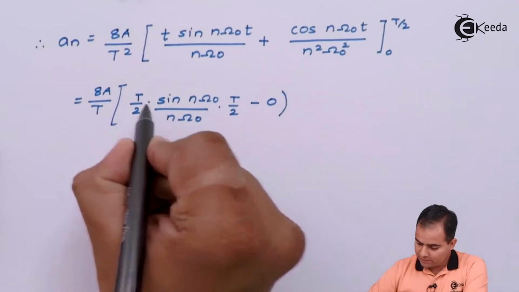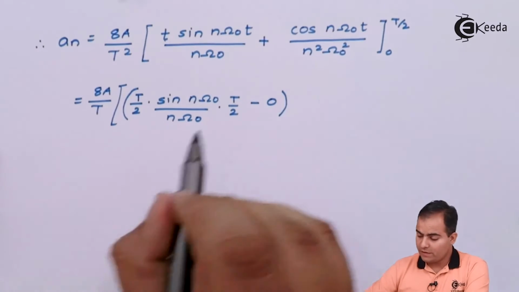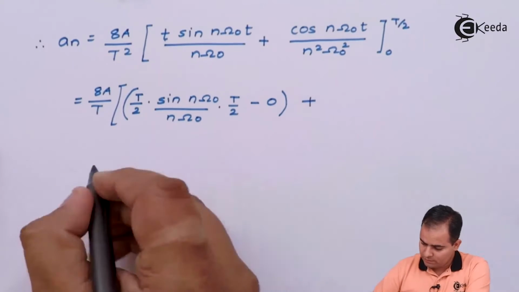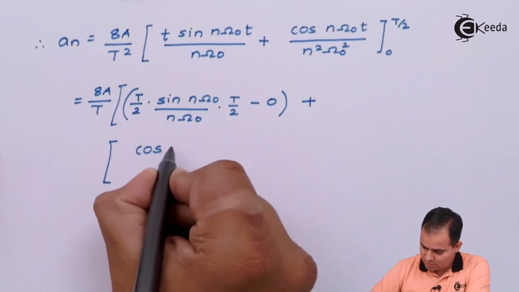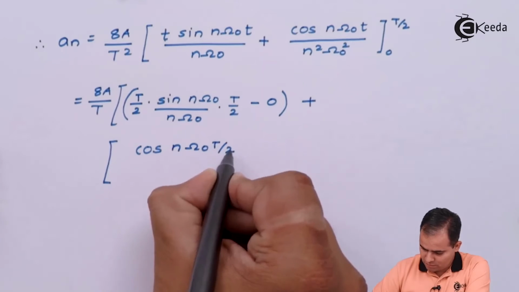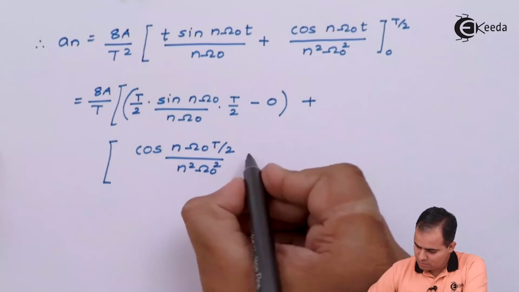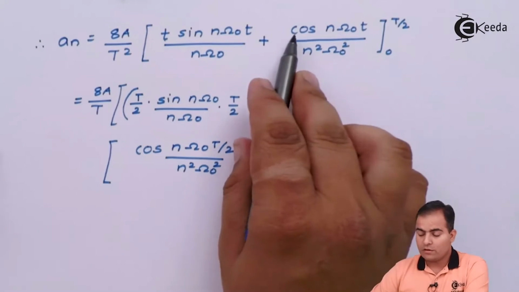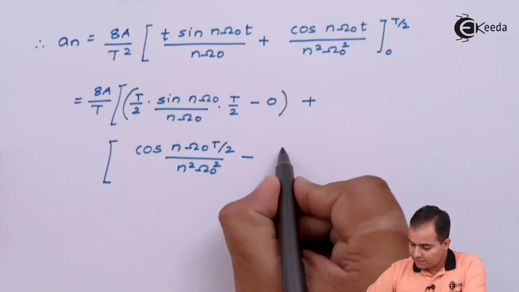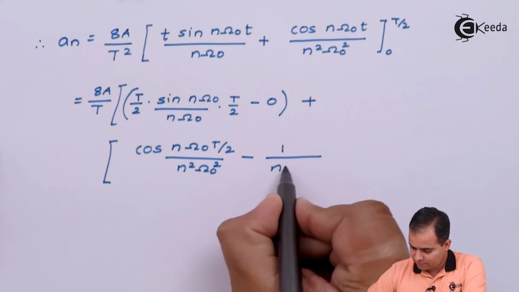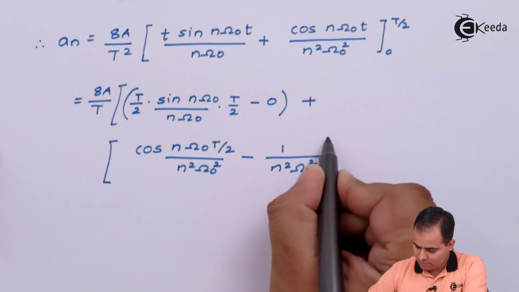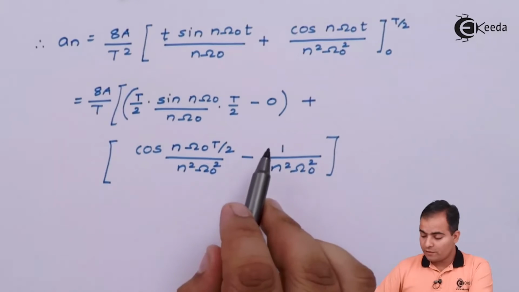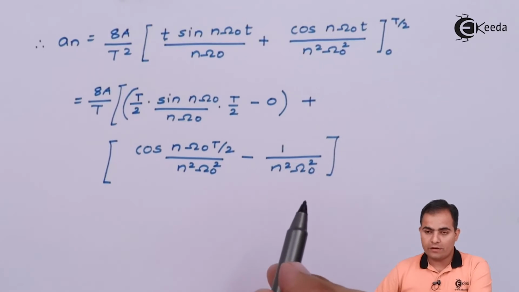This is our first part. Now similarly we'll substitute T by 2 and 0 in this next part. Now if this t is replaced by 0, then cos 0 is always 1. So I can say that we will have only 1 upon n square omega naught square.